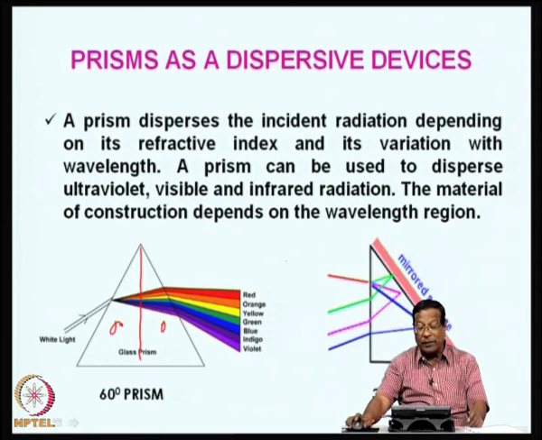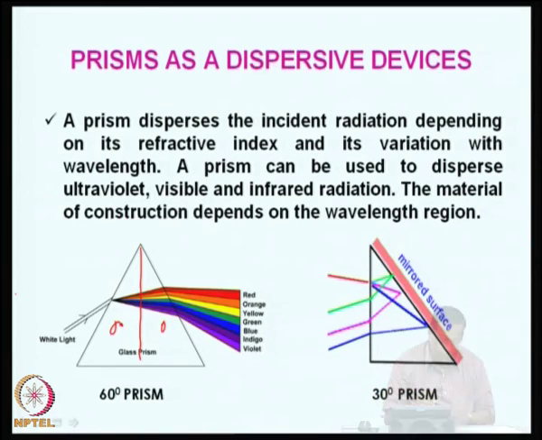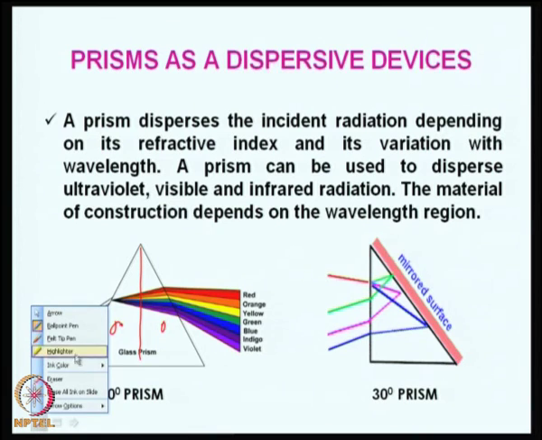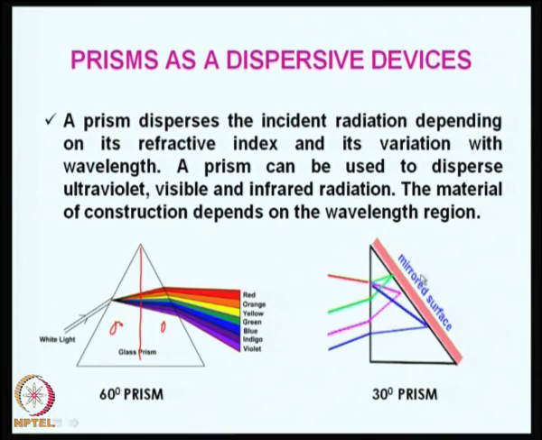And the other one that I have shown here is a 30° prism, and this prism is made so that on one side it is coated with a mirror surface.